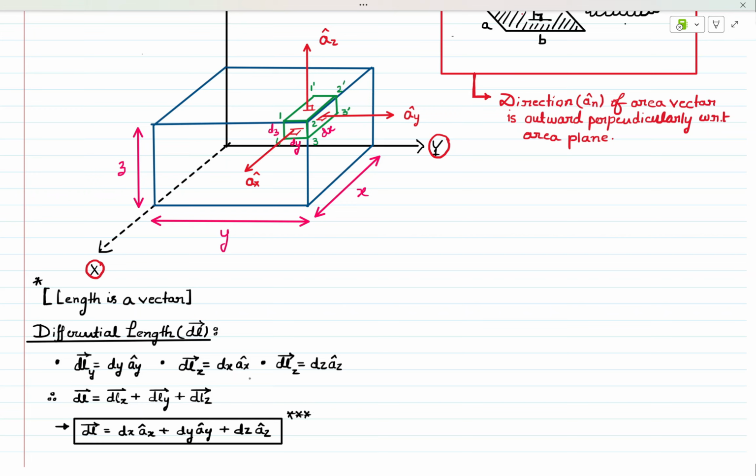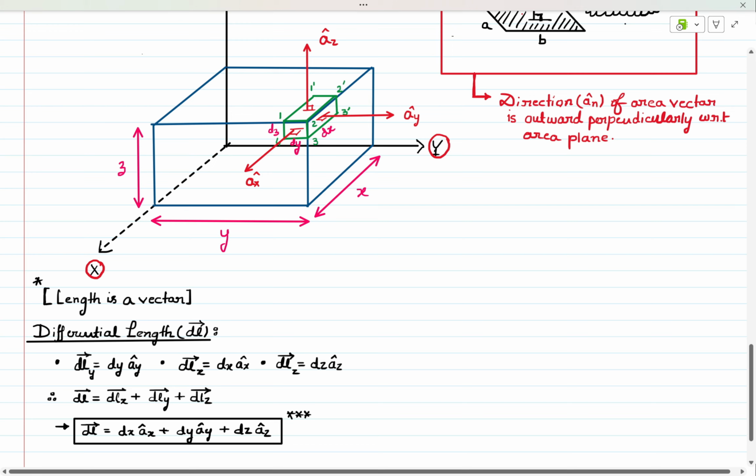As the differential length is a vector, and I am considering the three-dimensional Cartesian system, that is the xyz coordinate, this differential length vector must have three components along the direction of x, y, and z, right? Those three components are dx, dy, and dz in the direction of x, y, and z respectively. Okay, this is about the differential length.